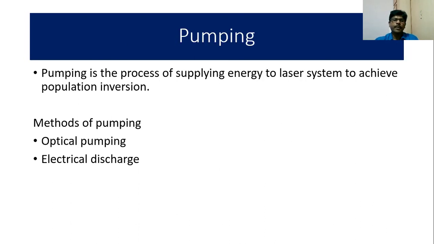The various methods of pumping are optical pumping, which we will be seeing in the ruby laser. The second method is electrical discharge, which we shall be seeing in the helium neon laser. There are various other methods of pumping, by giving electrical current and by chemical reactions. So pumping means giving energy to the system so that laser action can start.